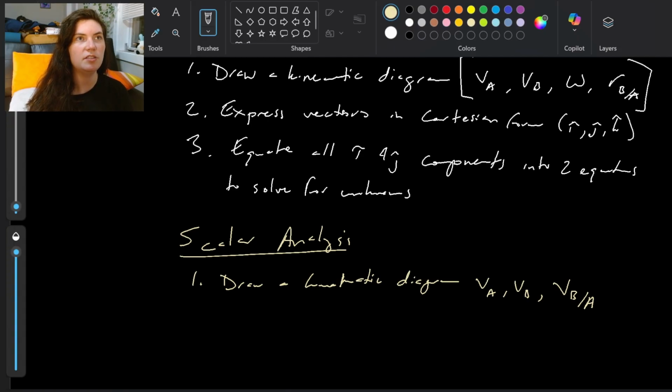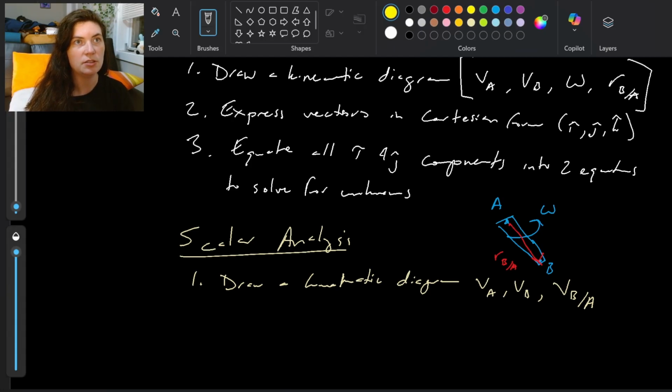And for that velocity of B with respect to A, let's say they gave us an angular velocity and it's rotating this way. Here's A, here's B. Our position vector that goes through this is going to be our R, B with respect to A. And our velocity vector is always going to be perpendicular to that, in the direction that it's swinging.